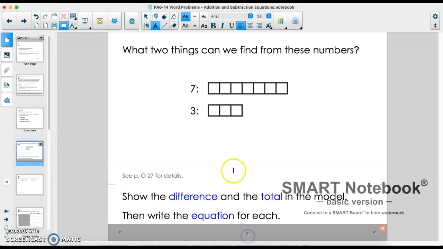So we can find the difference, which is 4, or the total in the model. And then we can write an equation for each, right? And so we can say 7 plus 3 equals 10, and we can say 7 minus 3 equals 4. And so those are our two equations that we can write with this information.